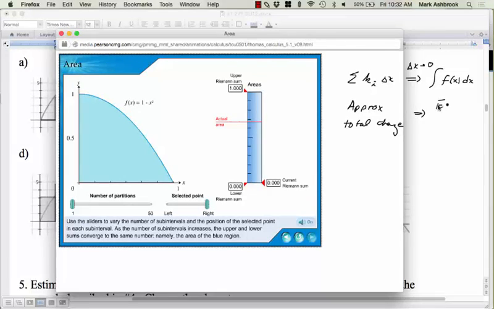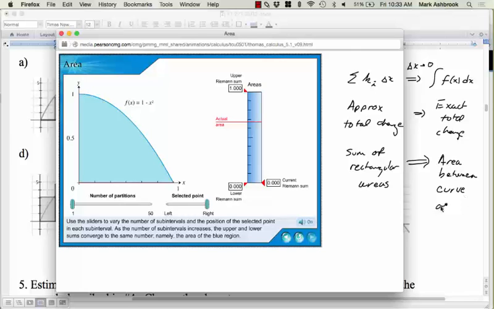But now if we think of this as a sum of rectangle areas, as that delta x gets very, very small, as it goes to 0, and those rectangles get very thin, the integral, thinking this way, is the area between the curve and the x-axis, from a to b.